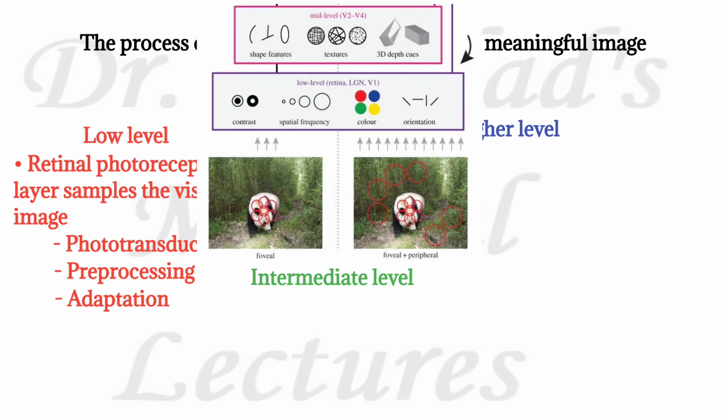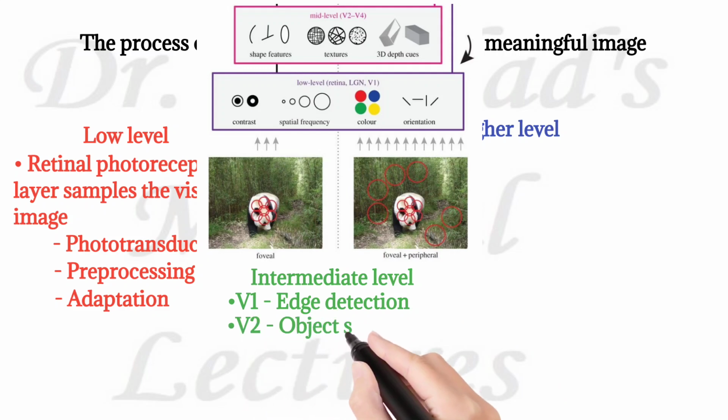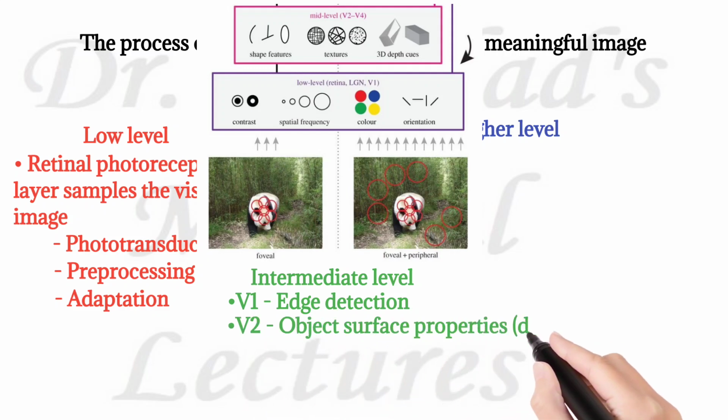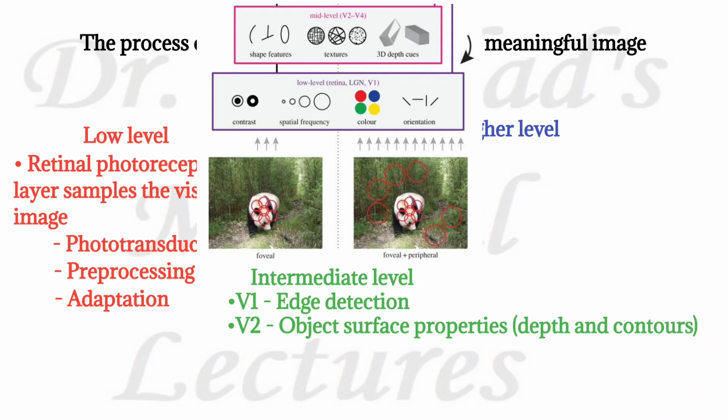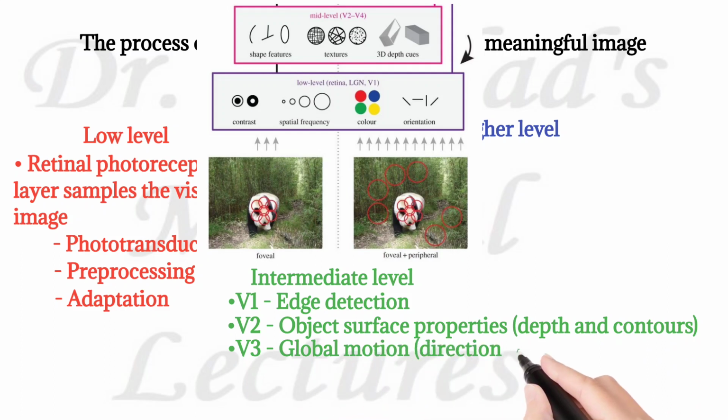These areas include V1, which is concerned with edge detection. Then V2 is concerned with detecting object surface properties, like depth and contour. Then V3 is important for determining the properties of an object's motion.